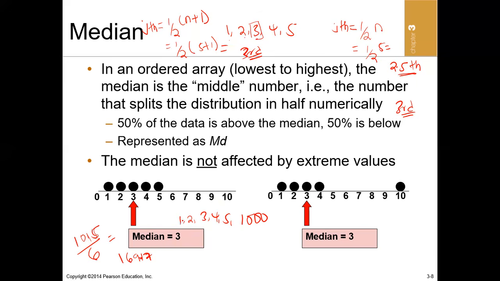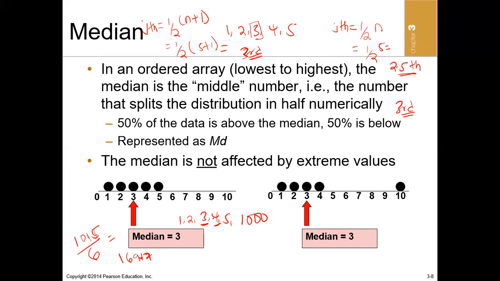If we read from forward, the third position is 1, 2, 3. If you read from backwards, the third position is 1, 2, 3, which is this one, all right?